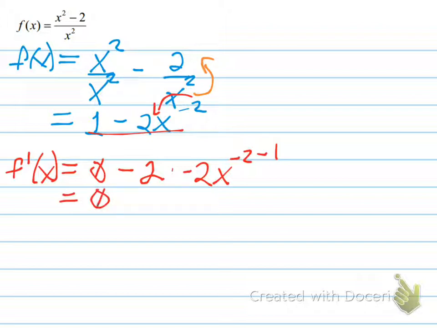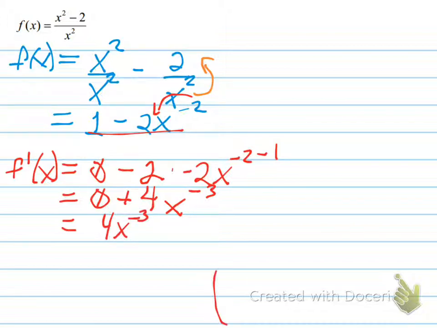So this would be 0 plus 4 times x to the negative 3 power. 4x to the negative 3rd power.